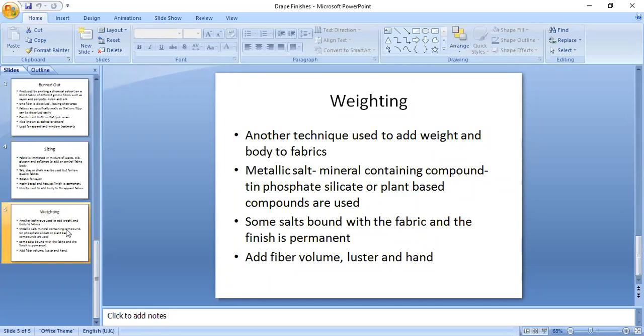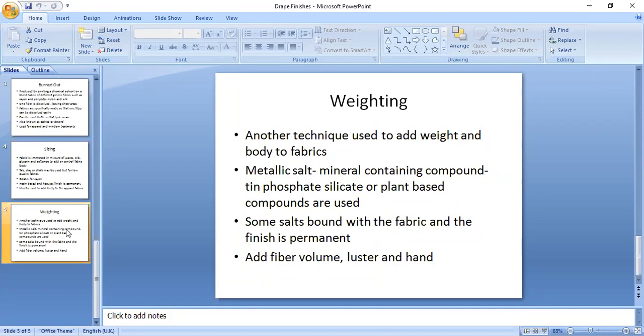Some salts will bond with the fiber, so it will be durable. Other salts produce a temporary surface coating, so they are temporary.